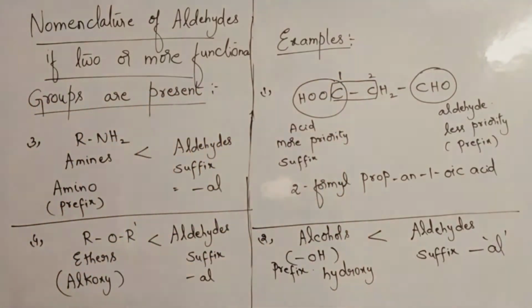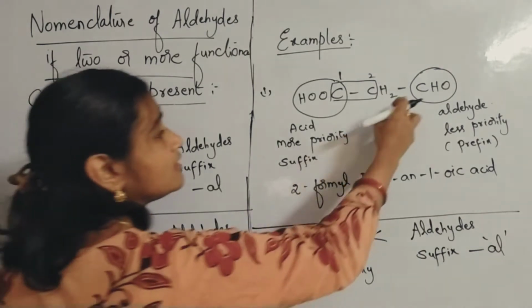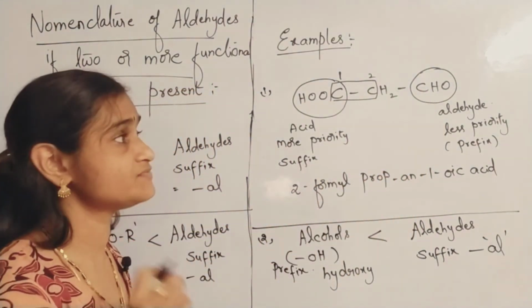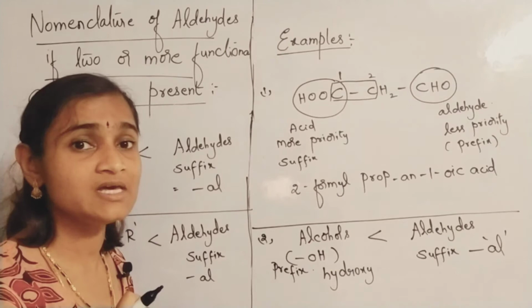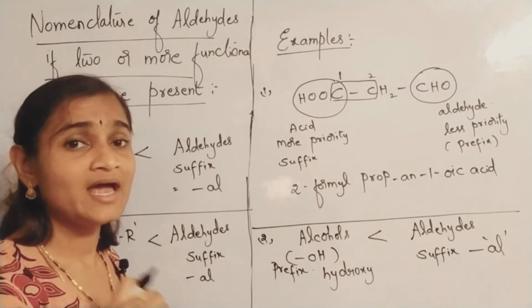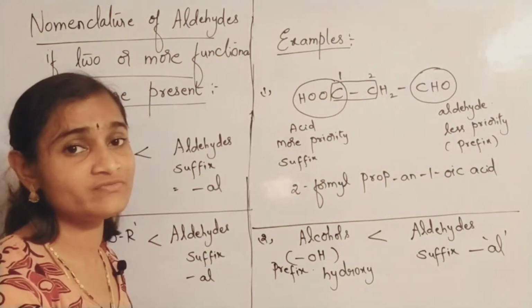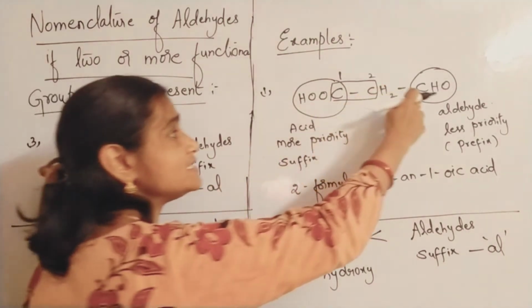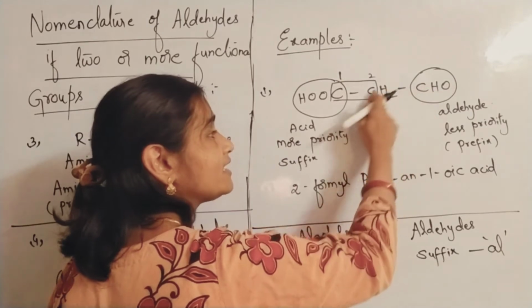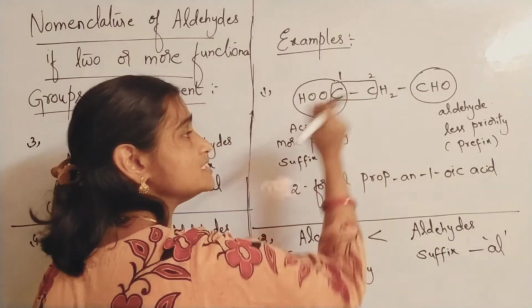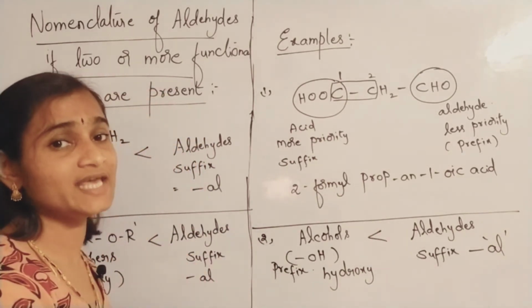So what will be the name of this compound? Please try to understand carefully. This functional group CHO is having carbon, but that is not included. This will not become the correct name of the compound. Formyl is correct only. This formyl connected to the main parent chain, only these two you have to consider. Please try to understand carefully here.